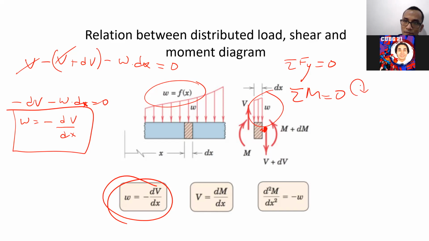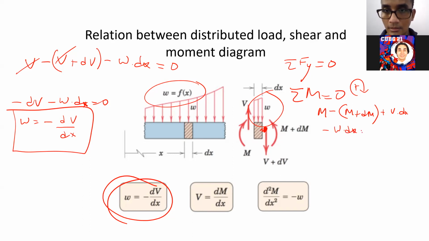If we assume that clockwise is positive, what I will get is moment M minus M plus dM, then plus V multiplied by dx, and then minus, because counterclockwise, W multiplied by dx multiplied by dx over 2, because the length is dx over 2. This is equal to 0.